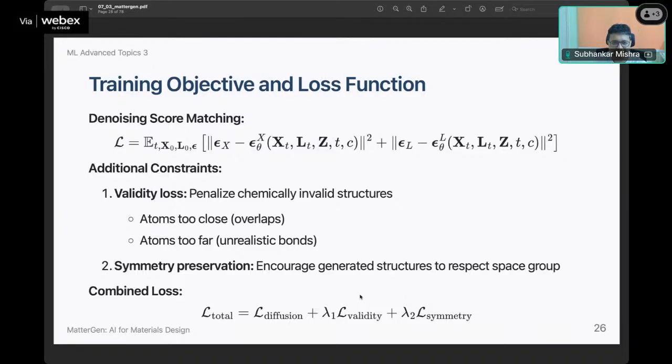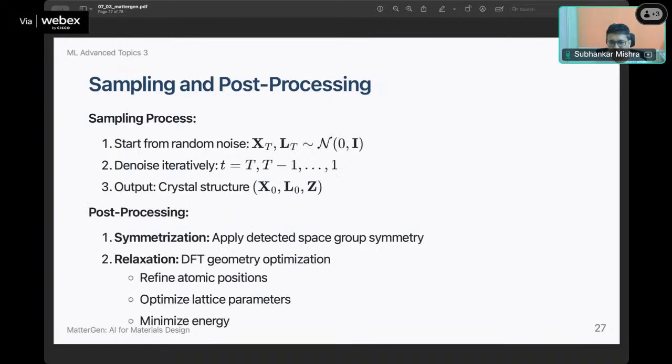That's fine. And next is the sampling process, of course. Sampling is the inference process. So what you do is you start from a random noise xt, and there you iteratively keep on applying the same MatterGen. Basically it will start removing noise. And then you output the new crystal structure that has the original three, right?